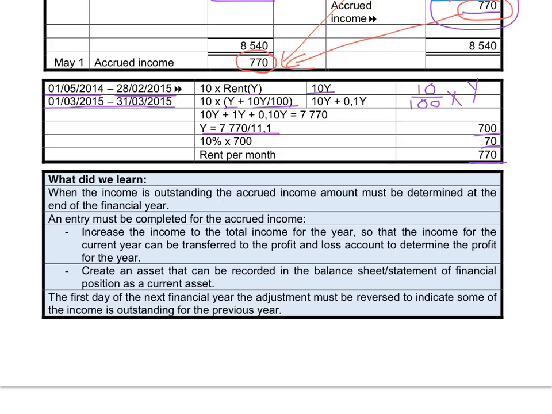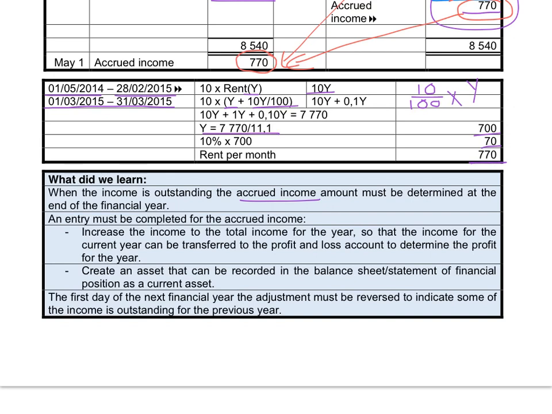What did we learn? When the income is outstanding, accrued income account must be created so that we can determine what is the accrued income and that we can record the actual amount that we are supposed to get at the end of the financial year to indicate the income for the year. An entry must be completed for accrued income.